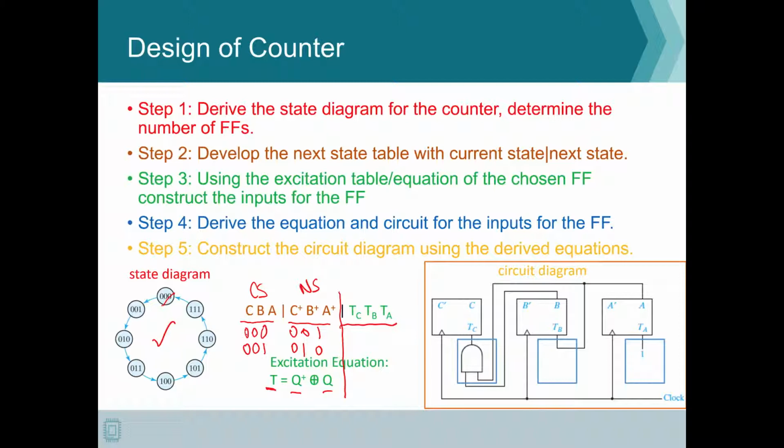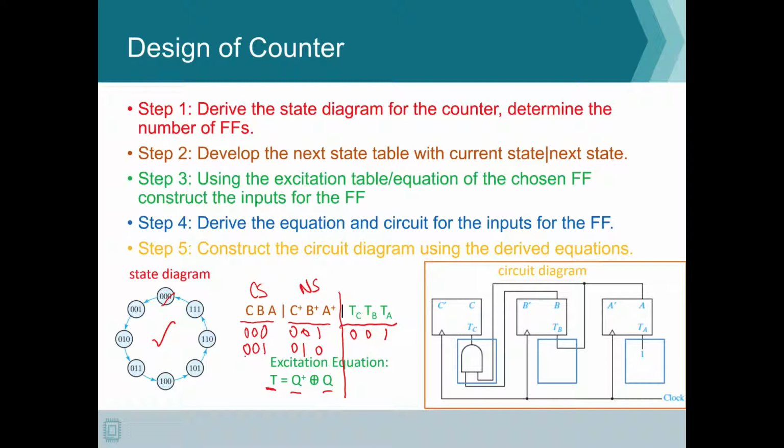So 0 XOR 0 will give you 0, and similarly, 0 XOR 0 again gives you 0, and then 0 XOR 1 will give you 1. So this is basically what we try to determine.